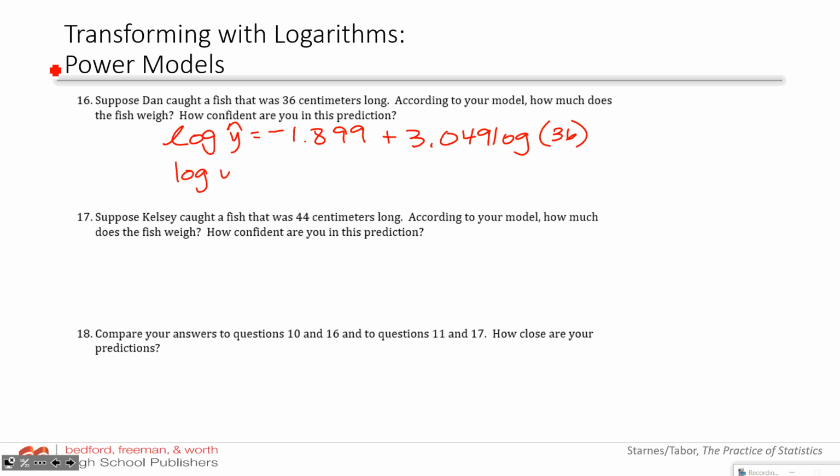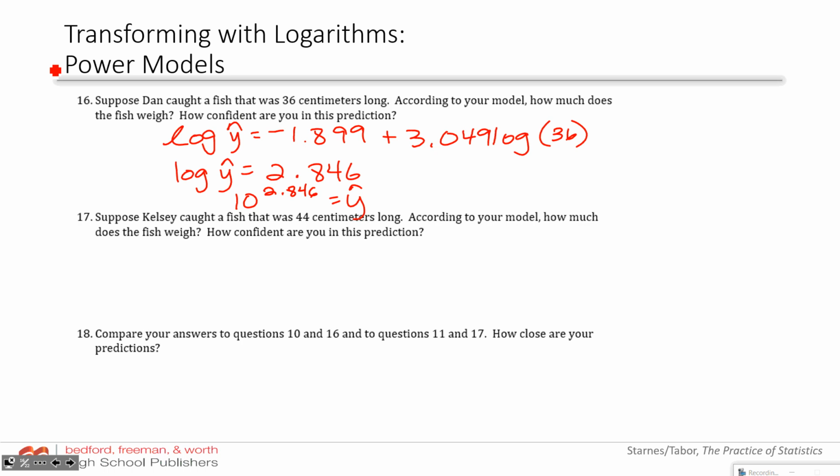When I simplify the right side of that equation, I get 2.846. But remember, that's not my answer. It's really the log of y hat equals that. So how do I get what y hat really equals? This is a logarithmic equation converted to an exponential equation. So 10 to the 2.846 is equal to y hat. Remember I told you before, you don't have to know too many of these rules of logarithms and rules of exponents that we went through earlier.